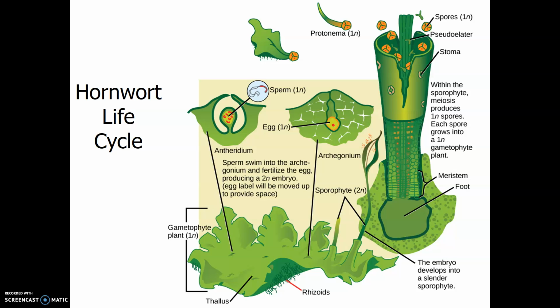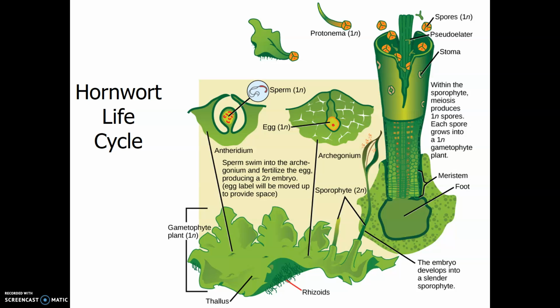The hornwort life cycle is very similar to the liverwort life cycle. There's an antheridium and an archegonium. The antheridium and archegonium are both haploid, and they are produced by the gametophyte portion of the plant.